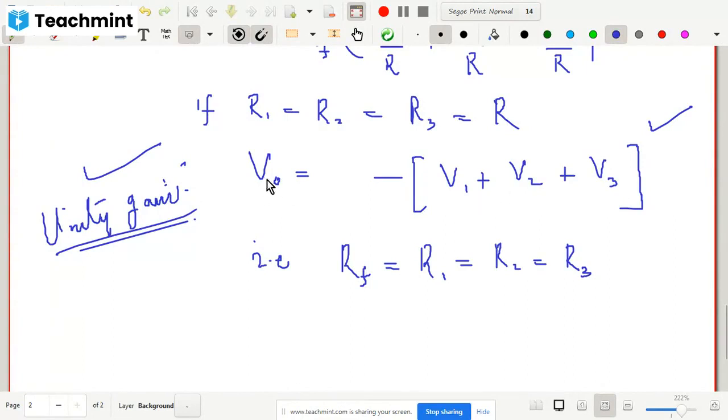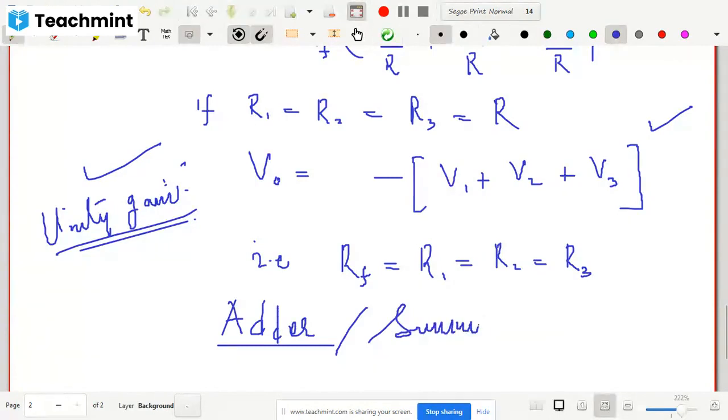So now I can say that the output is equal to the negative of the algebraic sum of all the input voltages. This is how you can design an amplifier to be an adder. This is also known as adder, or it is also known as summer. In different books there may be different notations for this one. So this is about the summing amplifier.